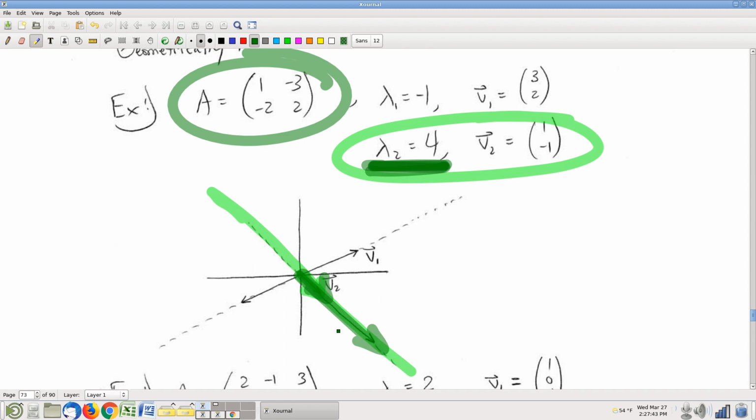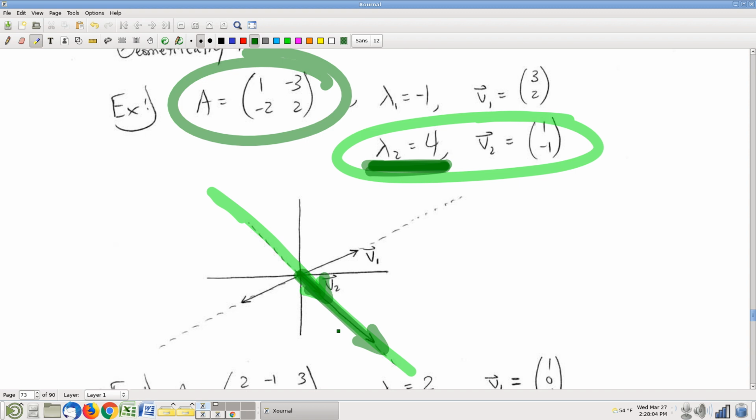So said differently, what does that linear transformation do in the plane? Well, that's a hard question, but on this line, it's easy. This matrix does a very simple thing on this line. Everything on this line gets stretched by a factor of 4. That's it. The direction doesn't change.